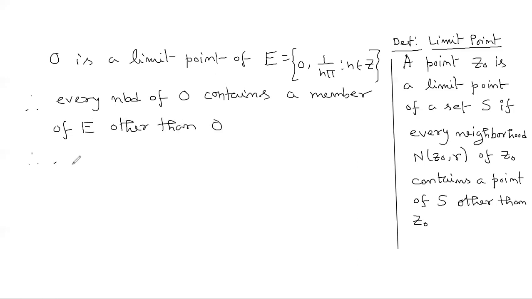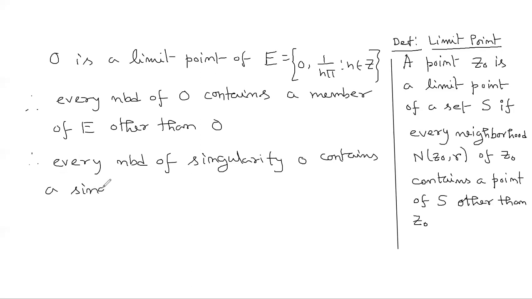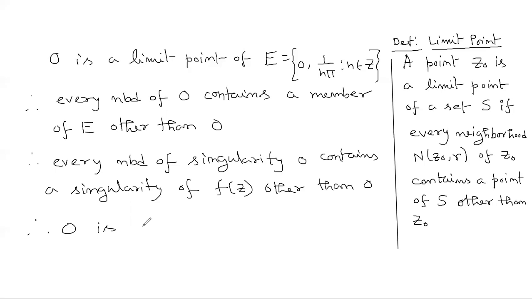So every neighborhood of the singularity 0 contains a singularity of f(z) other than 0. So here we can say 0 is a non-isolated singularity.